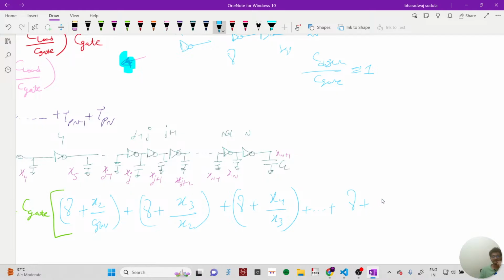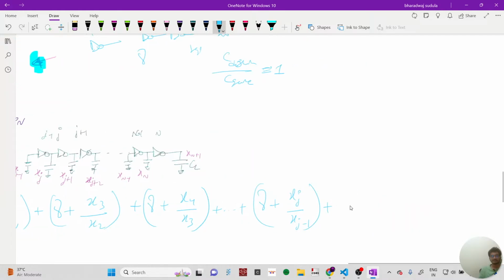Gamma plus xj by xj minus 1 for the jth gate will be gamma plus xj plus 1 by xj, plus gamma plus xj plus 2 by xj plus 1, correct?